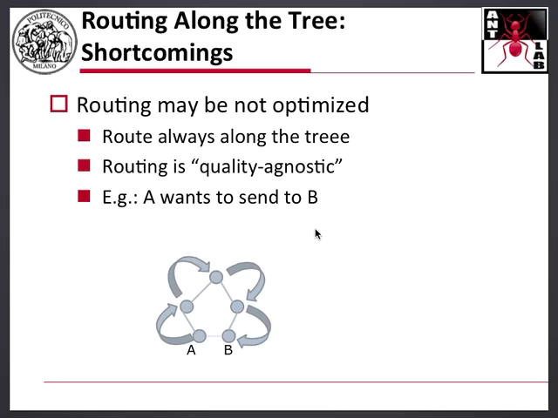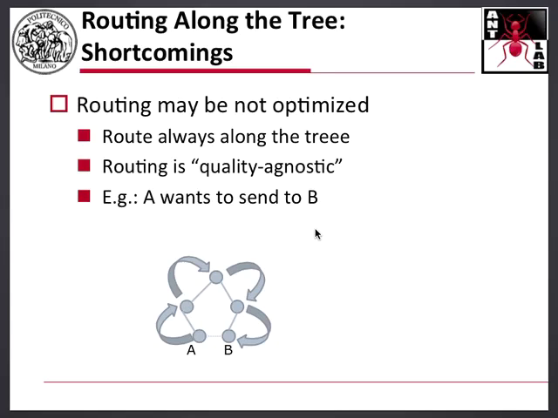Any link here is assumed to have the same quality as all the others. In the case of sensor networks, that might not be very representative of reality. You might have links which perform better in terms of bit error rate or packet reception rate and so on.